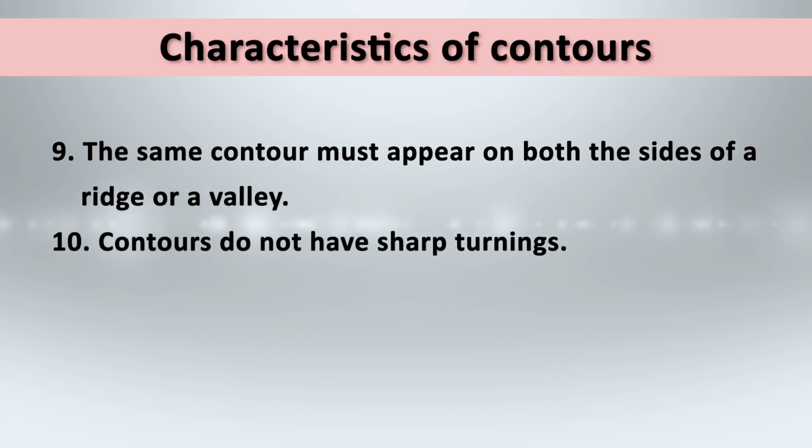The ninth characteristic is that the same contour must appear on both sides of a ridge or a valley. The tenth characteristic is that contours do not have sharp turnings.